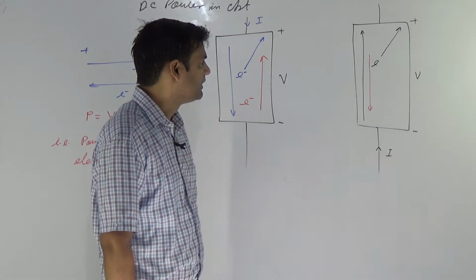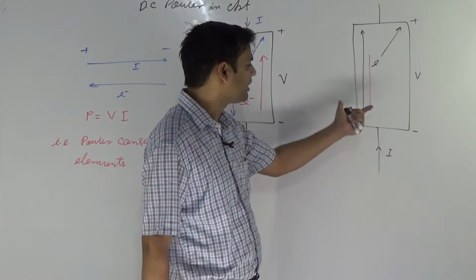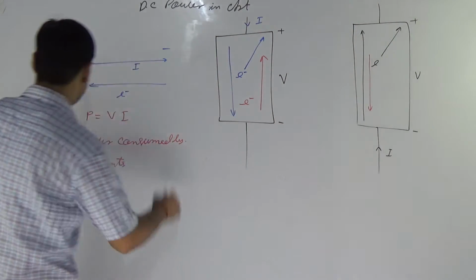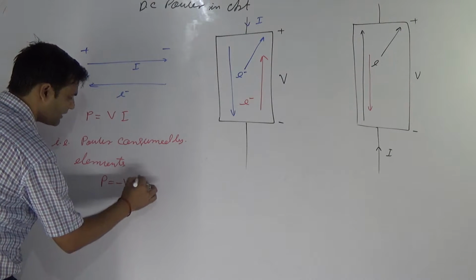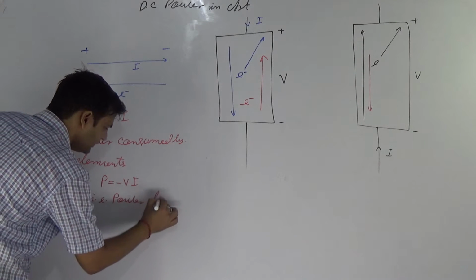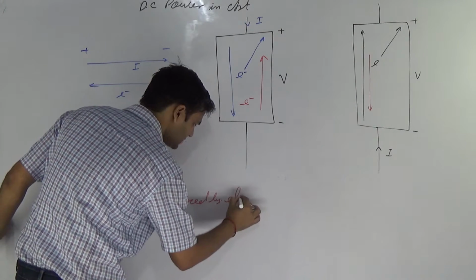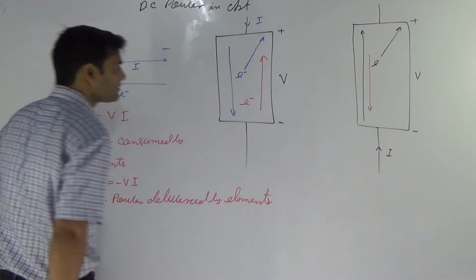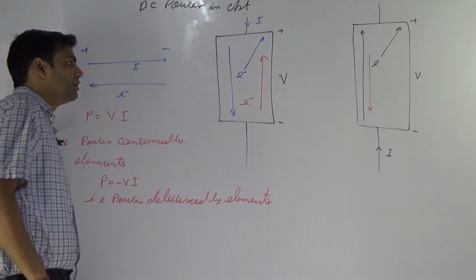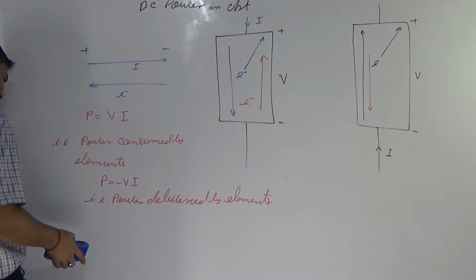It means external energy is required for the electron to flow from positive to negative. It is not natural. That's why P is equal to minus V I. It means power delivered by the element, because external energy is required for the electron to flow positive to negative.